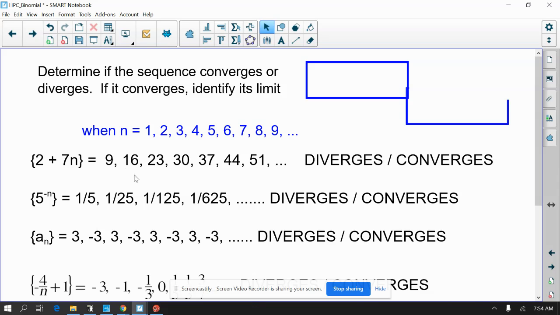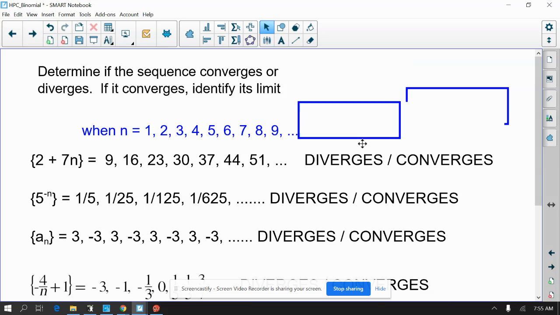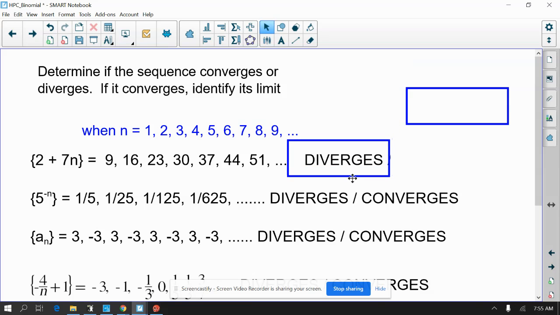Well, I keep on adding 7, so it's getting bigger and bigger. When I get to the 100th term, I'm going to be adding 107. So as n gets bigger, so do these range values. So this one diverges. If you said diverges, that's great. This limit approaches infinity. The numbers just keep on getting bigger and bigger.